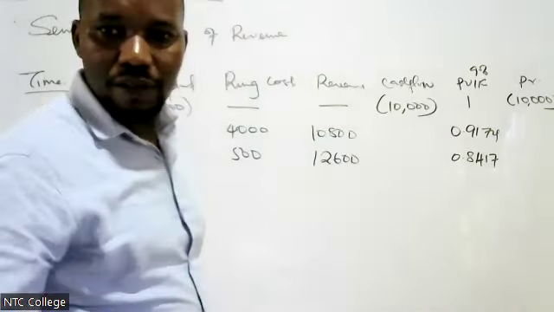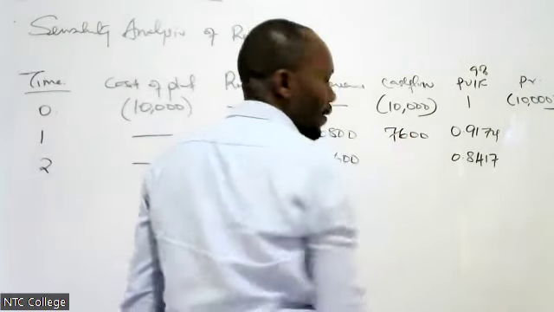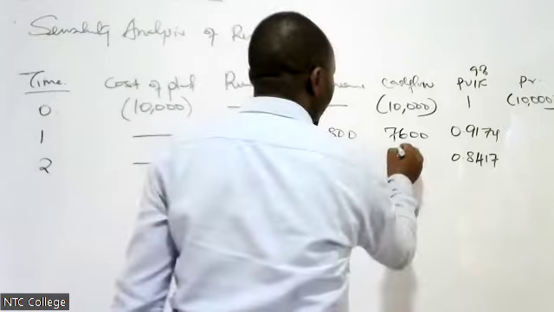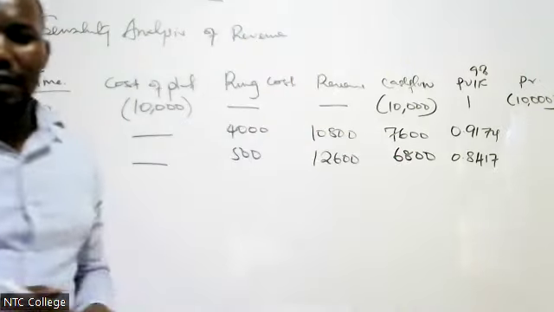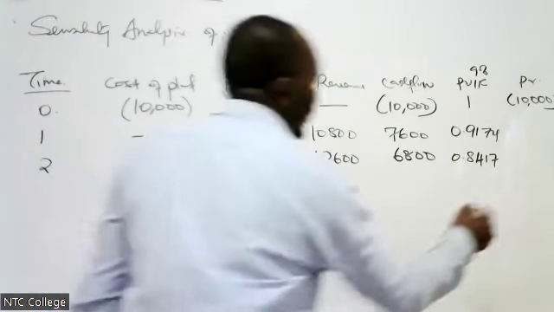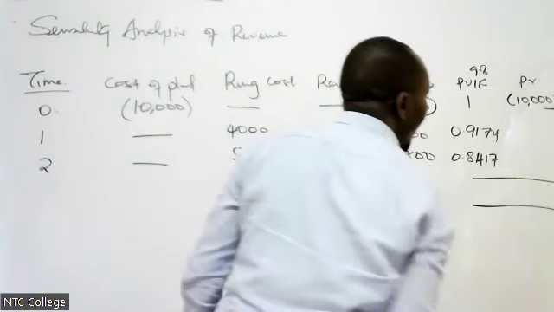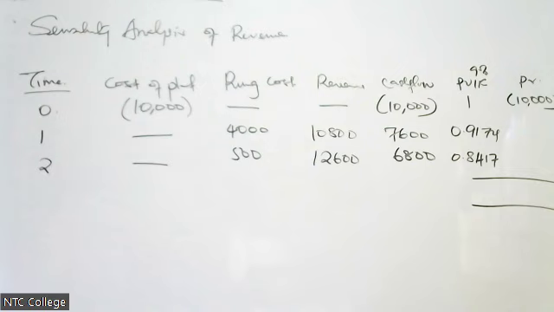The cash flow, 7,600. Then the other one is 6,800. Then you get the figure. Get me now the NPV. First, get the present values and the NPV for those ones.